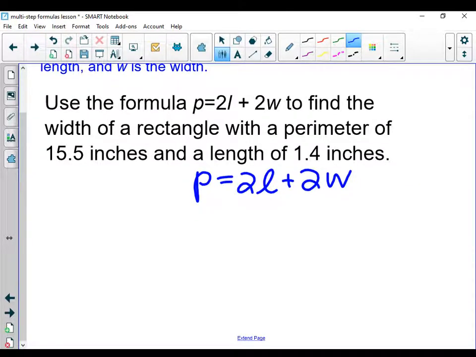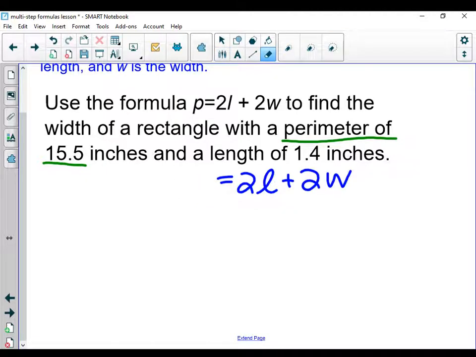Bryn, would you do 15.5 for P? Oh, look at that. So I'm going to drop that P right out of there and replace it with a 15.5.